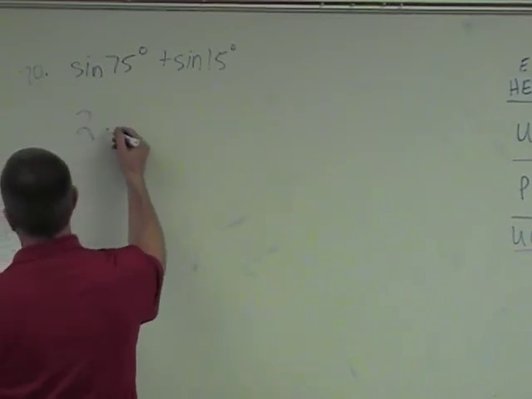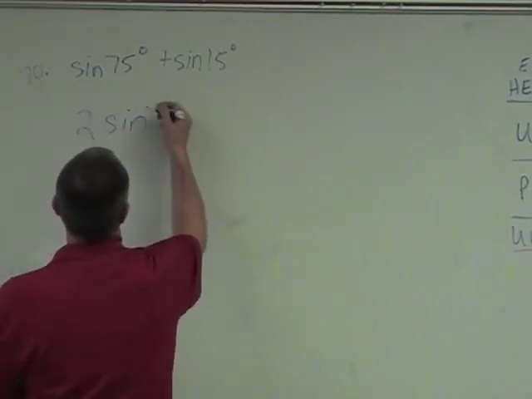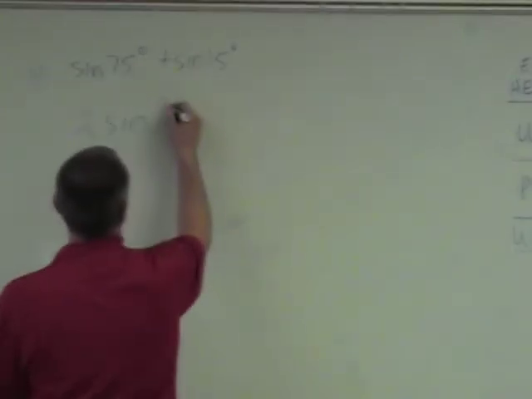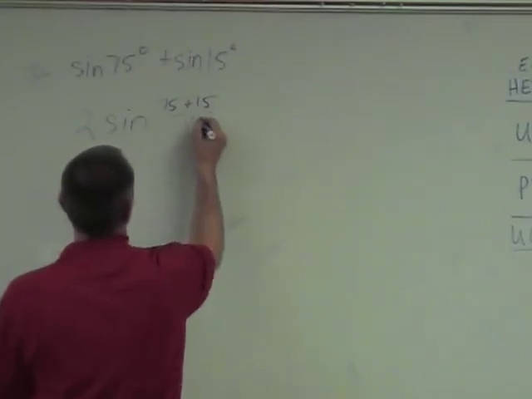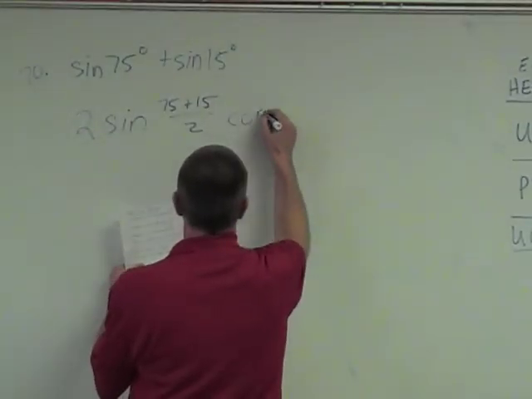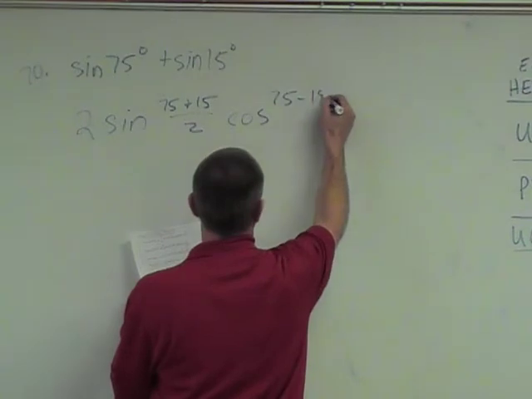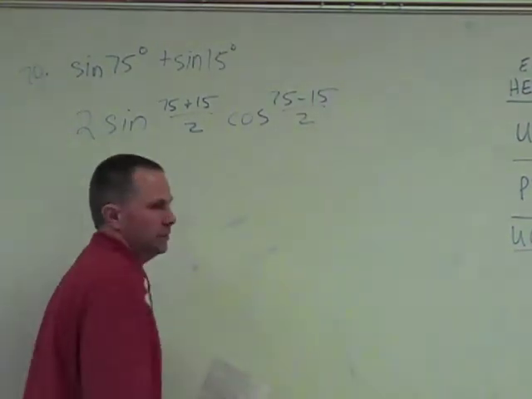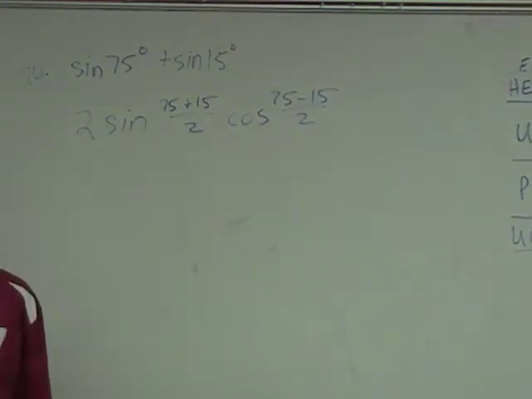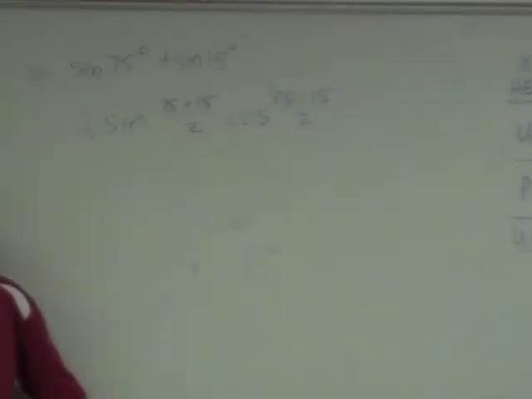It is 2 times the sine of (75 plus 15) over 2 times the cosine of (75 minus 15) over 2. And all I did was substitute the values in those positions into the formulas.